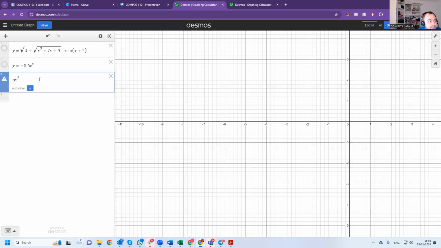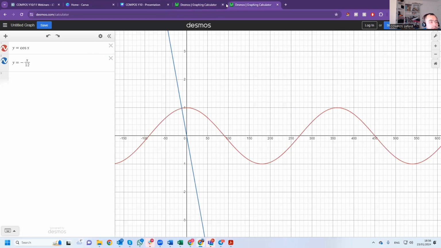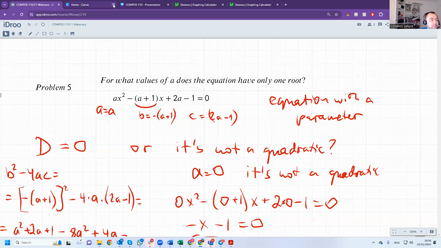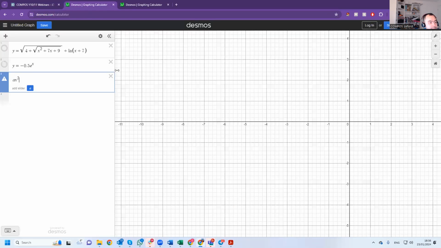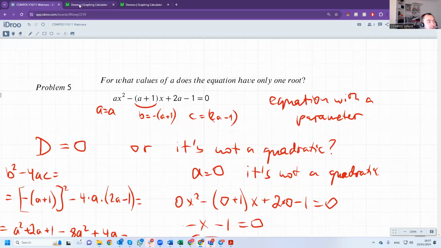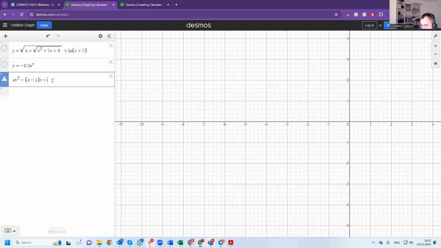I type ax squared minus a minus 1 x plus 2a minus 1 equals y.